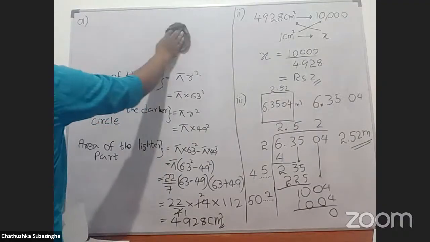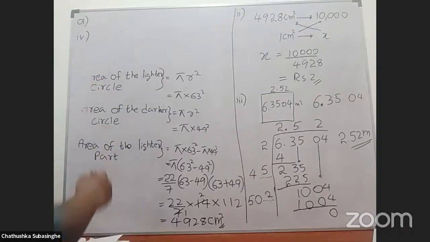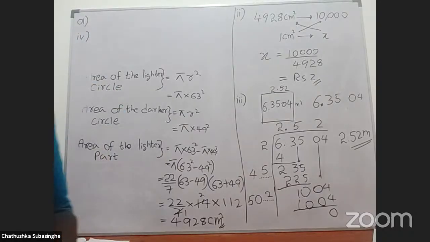Okay, last question, part 4. It's asking to roughly draw and show how the hotel manager sees it when the design is made on the floor.